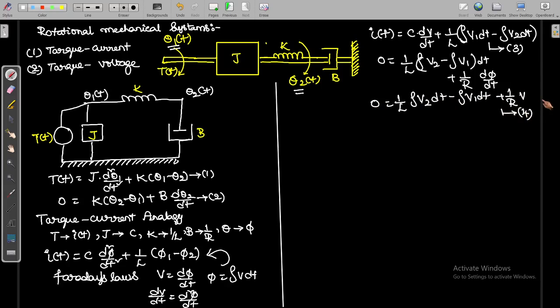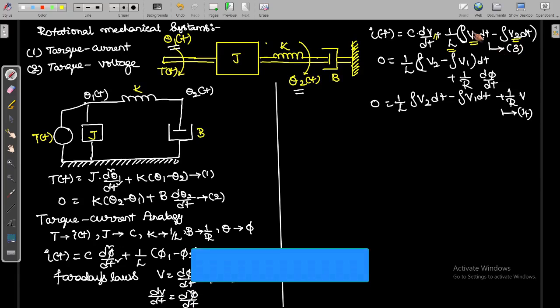Now we can draw the torque current analogy diagram. If you observe equations 3 and 4, the voltage is common and the capacitor is the same, but the inductor has two different voltages, which means it is connected between two nodes.